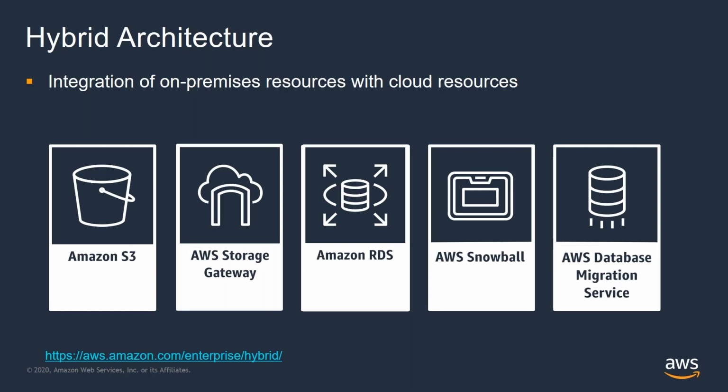But what about a database that is so large that the time to move it across the wire to AWS is too time consuming? Say you have a database that is 1 terabyte or bigger. In this case, you may want to use the AWS service called AWS Snowball, which supports import and export. We ship a Snowball appliance to your data center with an 80 terabyte volume.